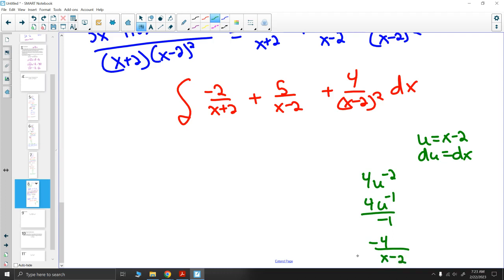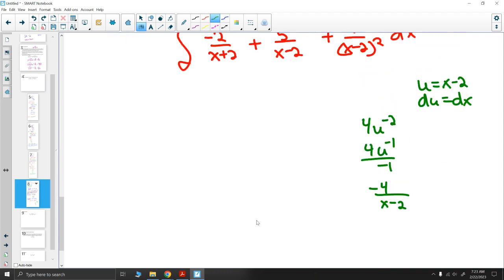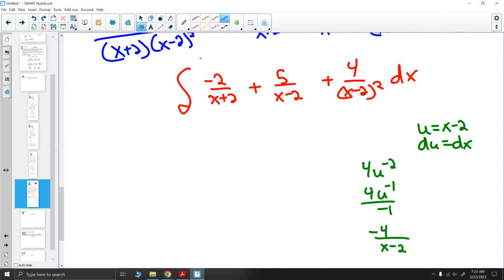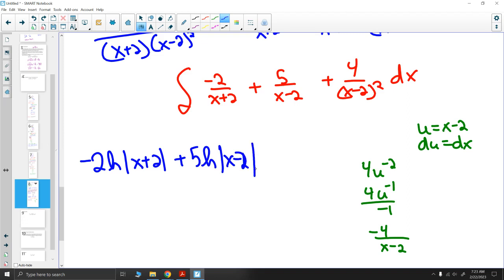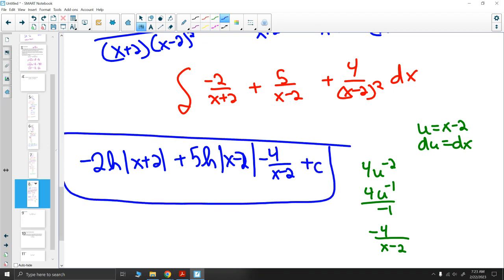That's how that would integrate. So just as an aside, we're going to integrate these. Nice and easy though. Negative 2 natural log of x plus 2, plus 5 natural log of x minus 2, minus 4 over x minus 2, plus c. So that's how that integrates.